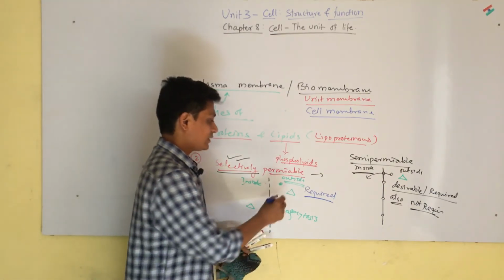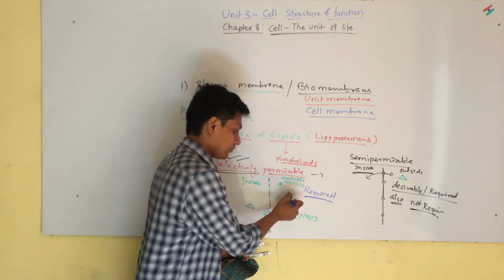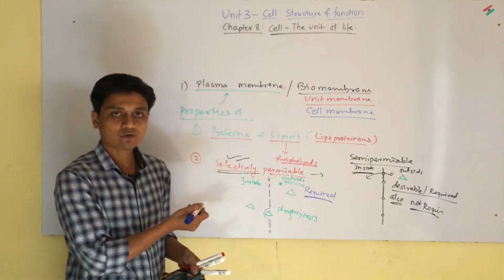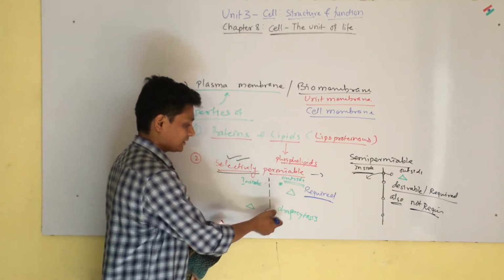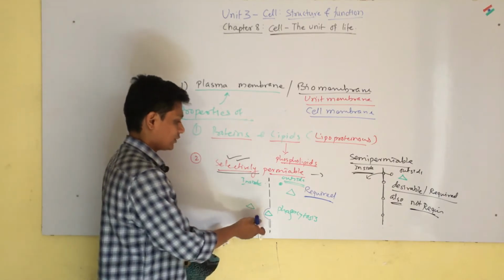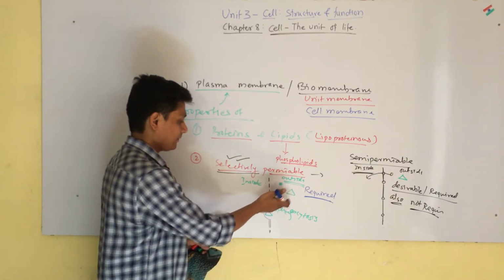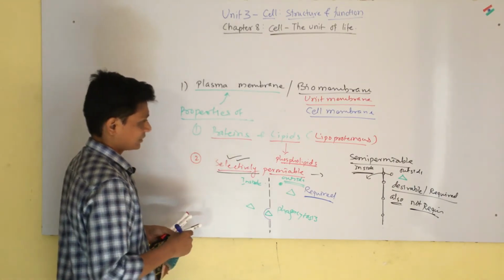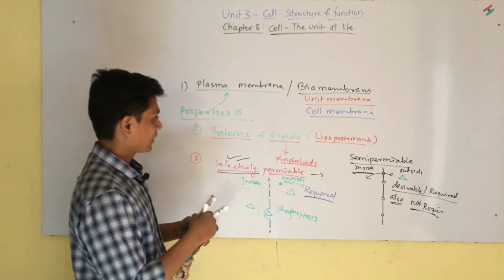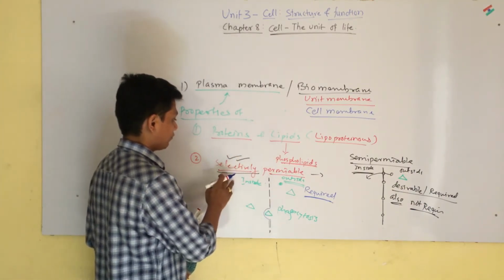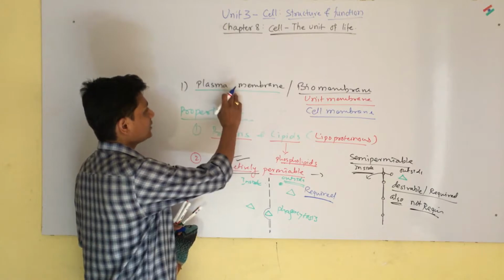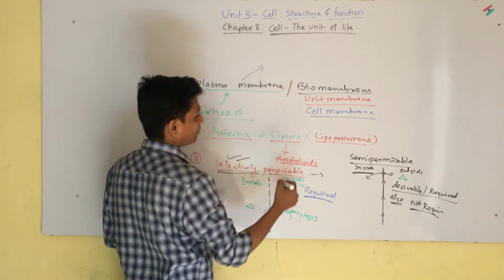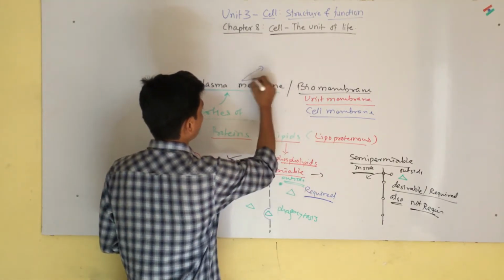And the particle which is higher in size but which the cell requires for its cell activity is taken by phagocytosis or other means, and then the particle comes inside. Next, is this plasma membrane selectively permeable or semi permeable?